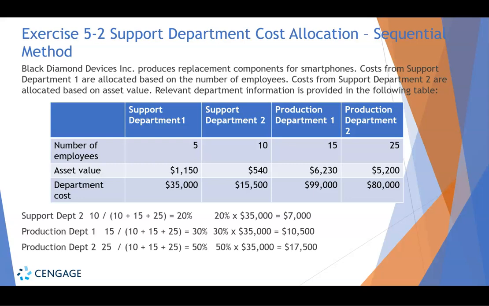Support department 2 has 10 employees, that's 20%, so 20% of support department 1's $35,000 of costs will be allocated to department 2. Then 30% of the costs from support department 1 will be allocated to production department 1, and 50% of the support department 1 costs will be allocated to production department 2.